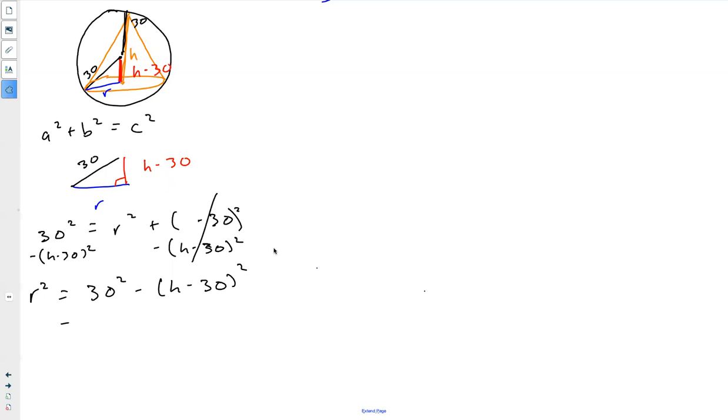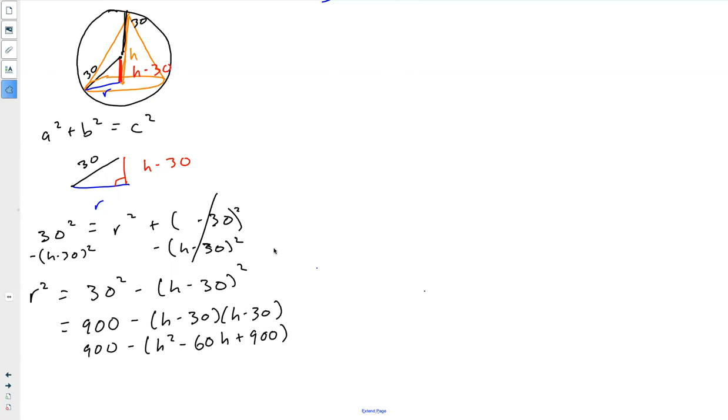So 30 squared is 900. And we can expand (h minus 30)(h minus 30). So we do that, we will have 900 minus (h squared minus 60h plus 900).